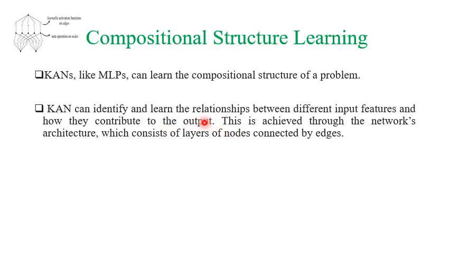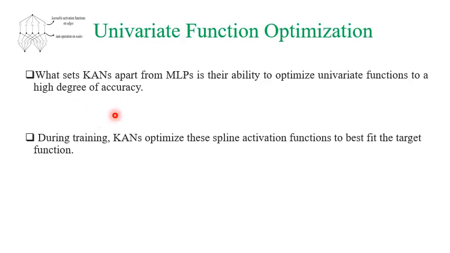Okay, this is the feature that is shared between KAN and multi-layer perceptron. Univariate function optimization. What sets KAN apart from MLP is their ability to optimize univariate functions to a higher degree of accuracy. I think this is clear.